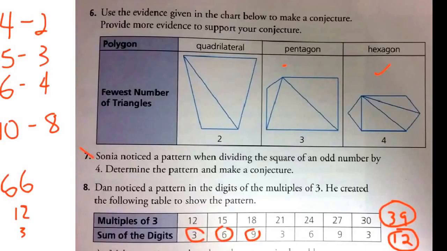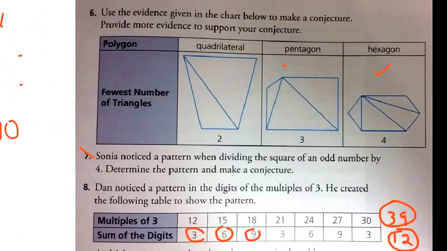Let's do one more. Let's try a big number, let's do one in the thousands. So if we had a number like 3, 3, 3, 3, add all those up, we get 3, 6, 9, 12. Add those up again, we get 3. So that seemed to work. And we could make this something different.